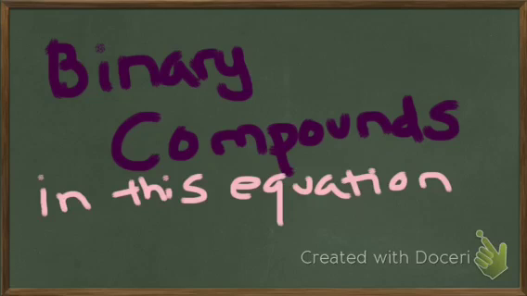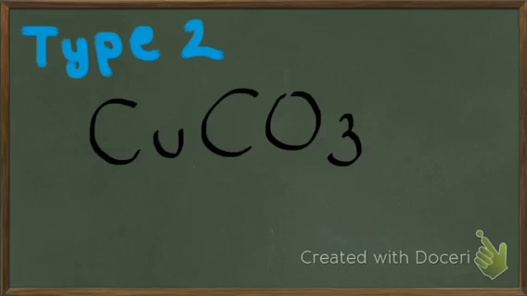Next, we will analyze and identify binary compounds in this equation. We can see a type 2 compound because it has a transition metal, which is copper, and its oxidation state has to be identified because, as you could see in the written equation, it said copper 2.